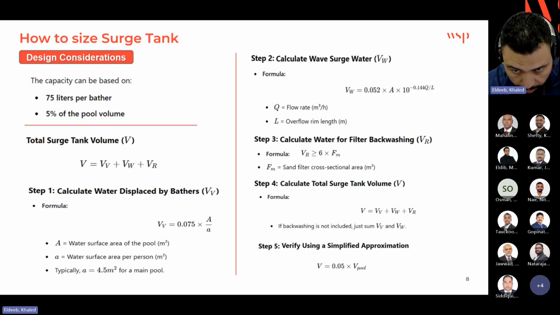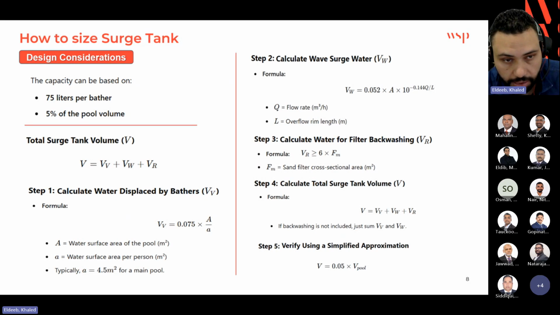So we need to know that there is no recommended formula or equation in codes to size the surge tank. I have searched many codes like ANSI, ASB, bridge code. All codes provide only design principles rather than a rigid equation or formula, which leaves room for professional judgment.